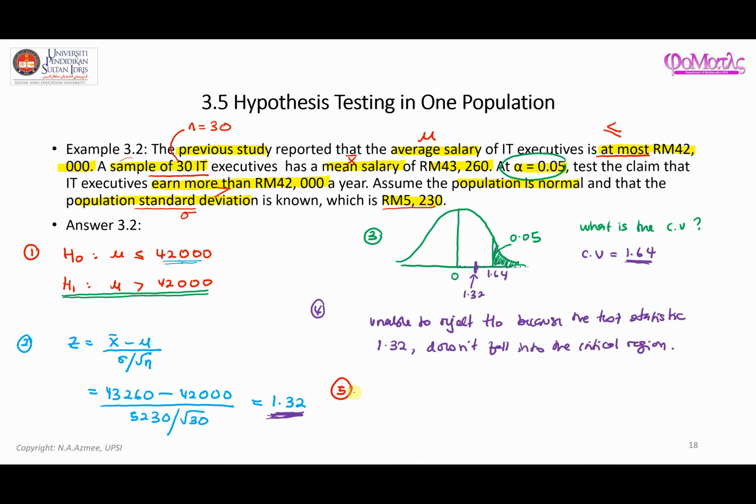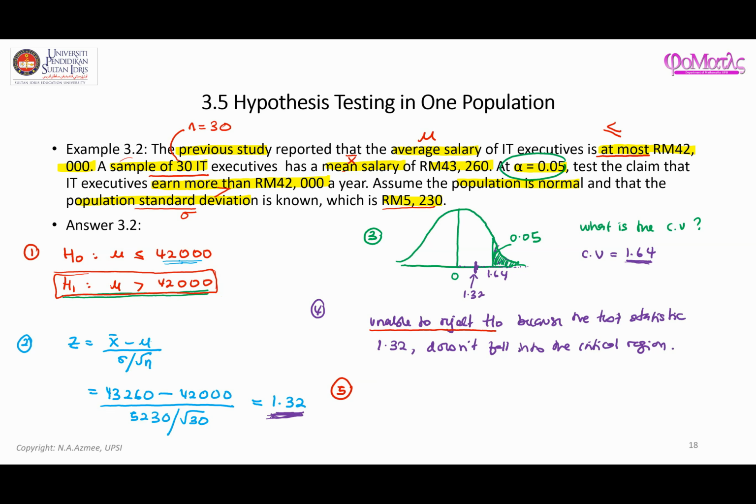So the fifth step is going to conclude the whole process. So we can say that because we are unable to reject H null, that means when you are writing down the conclusion, always remember to relate the writing with the alternative statement. Okay, so this is the alternative statement, and since you are unable to reject H null, that means this alternative statement is not supported, right?